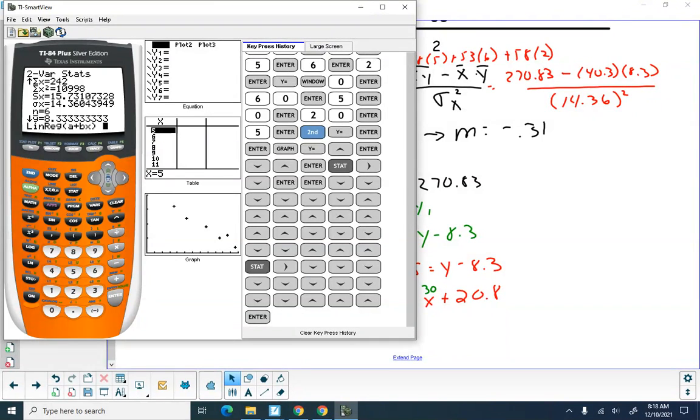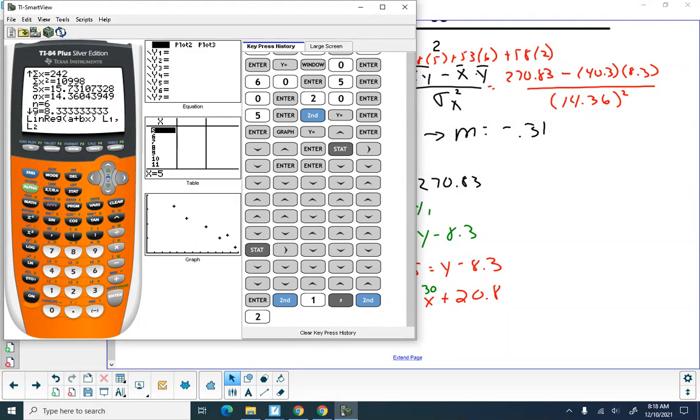If it is not there, you can find your L1 here and your L2 here, hitting your second button. It also asks you for a place to store the equation. So what I'm going to do is go to my older school calculators. Do I need to put a first comma in there?